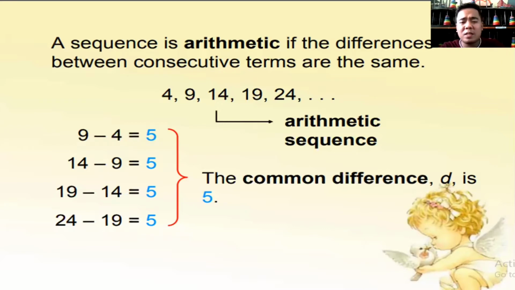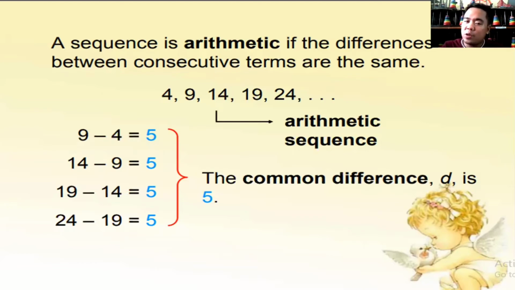So unsaon pagkuha sa common difference? Ang ngan anang constant number nga gi-add, ang ngan niya kay common difference. Constant number nga gi-add para makuha ang preceding terms. Karon, how to get the common difference is you need to subtract the second term minus the first term.